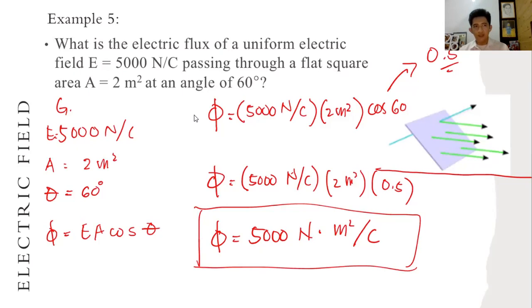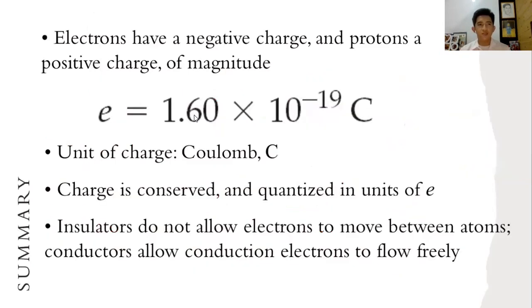So to end our discussion, let's go back to our summary. Let's take note that electrons have a negative charge and protons have a positive charge with a magnitude of 1.6 times 10 raised to negative 19 coulombs. The unit of charge is the coulomb, denoted by capital letter C. Charge is conserved and quantized in units of e.